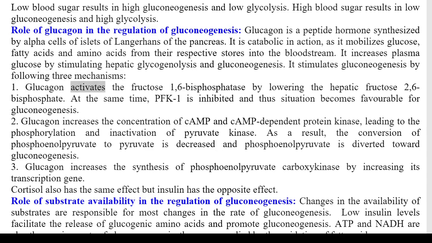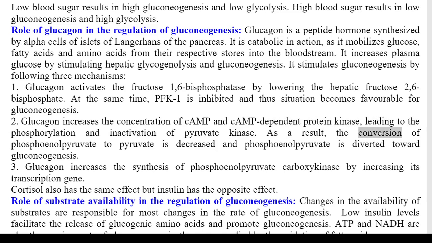1. Glucagon activates fructose 1,6-bisphosphatase by lowering the hepatic fructose 2,6-bisphosphate. At the same time, PFK1 is inhibited and thus the situation becomes favorable for gluconeogenesis. 2. Glucagon increases the concentration of cAMP and cAMP-dependent protein kinase, leading to the phosphorylation and inactivation of pyruvate kinase.